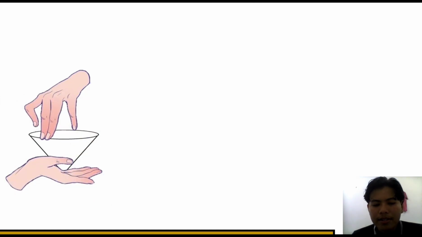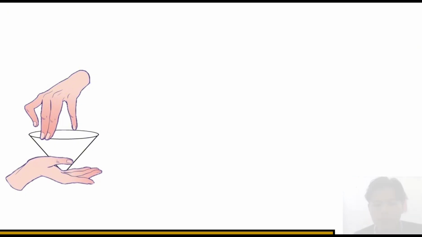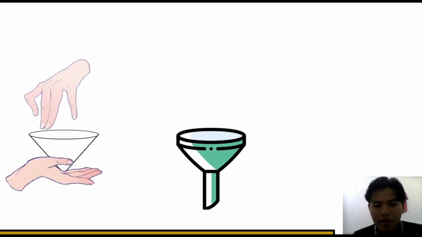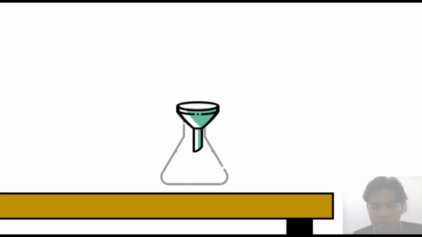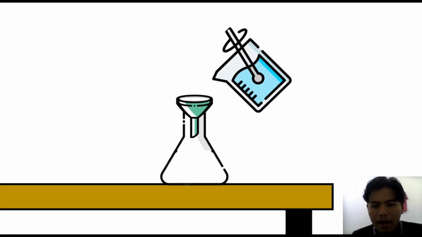Here we can see that the filter paper is being shaped into a cone shape. With this shape, the filter paper can fit easily into the filter funnel. And then we take the solution from earlier and filter it into the conical flask.